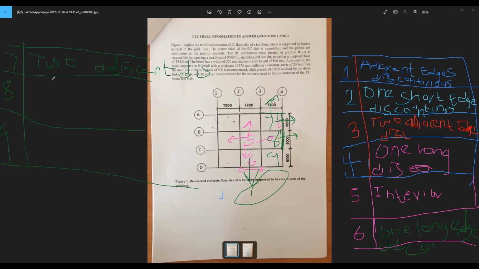That side is 6,000 millimeters as compared to the other side, which is 7,200. So this side is the only side that is discontinuous, and we refer to it as one short edge discontinuous.